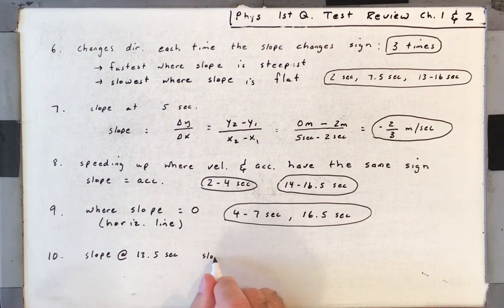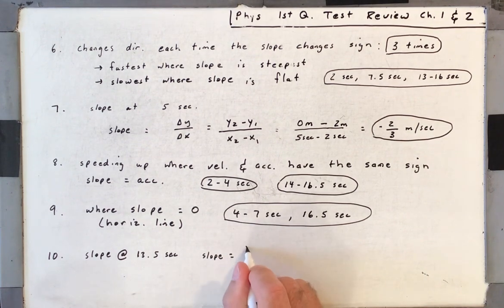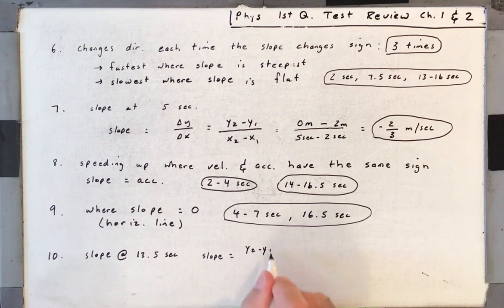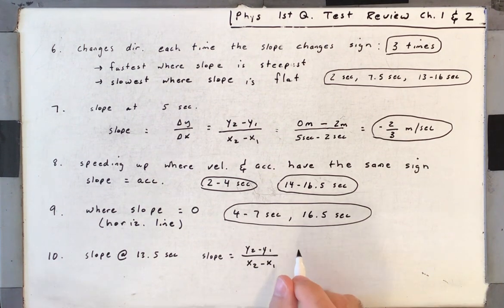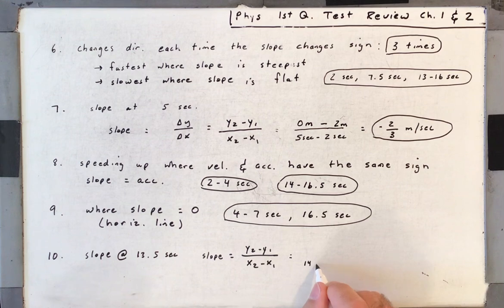So the slope is equal to y2 minus y1 over x2 minus x1. Okay, that's velocity over time. And I said the second time was 14. First time is 12. So what is the velocity at 14 seconds?